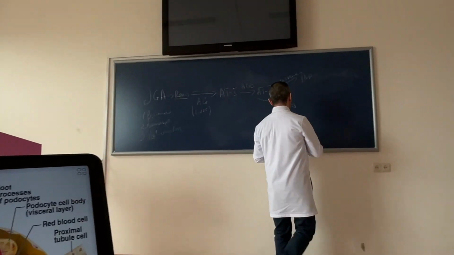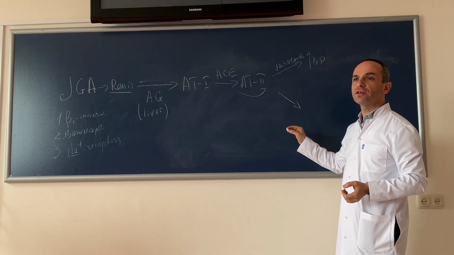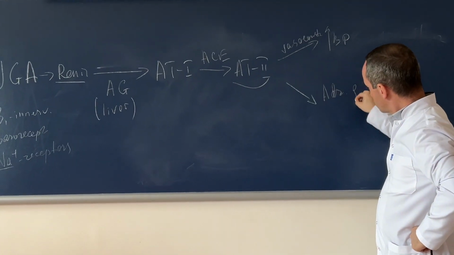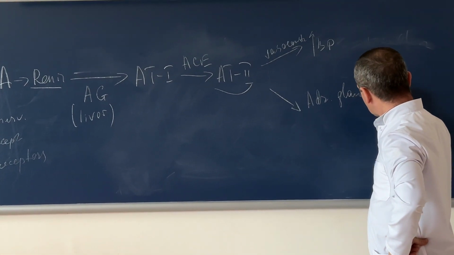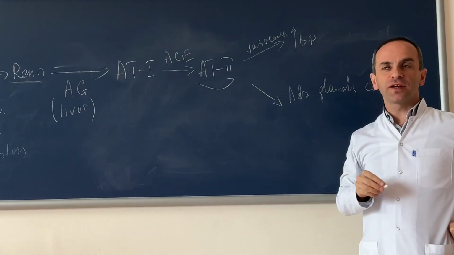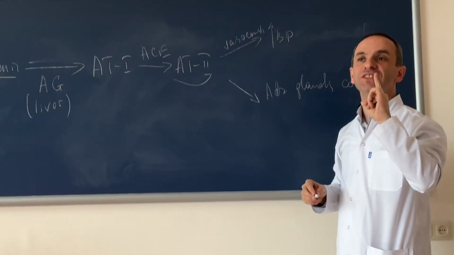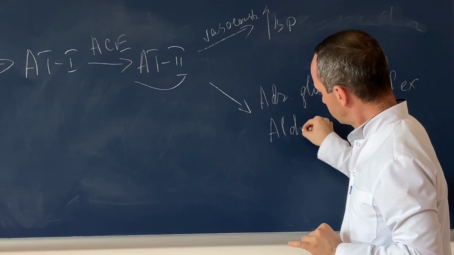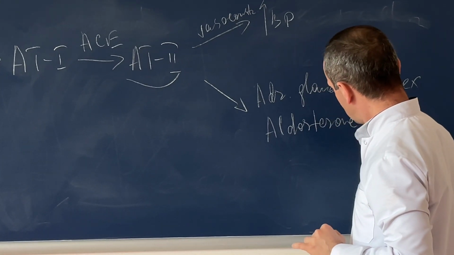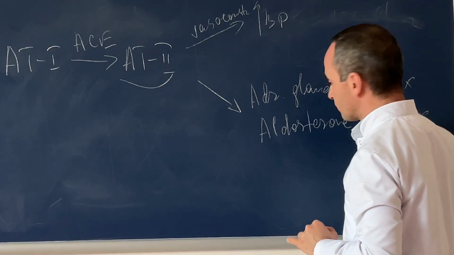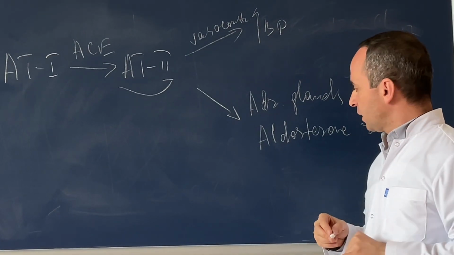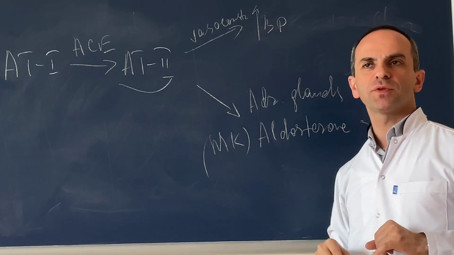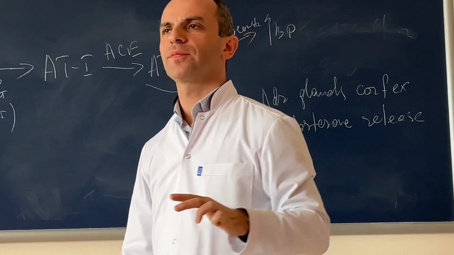From one end. From another hand, it is arriving to the adrenal glands, the cortical layer, and releases, remember, it's already synthesized there, releases aldosterone. Aldosterone is a mineralocorticoid.